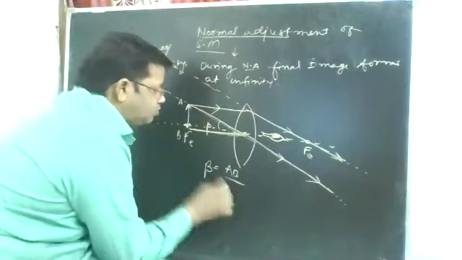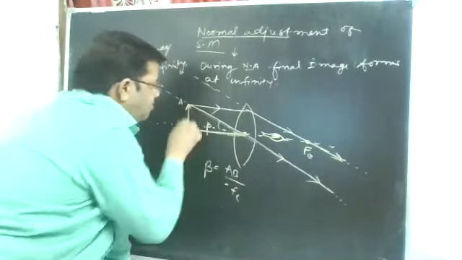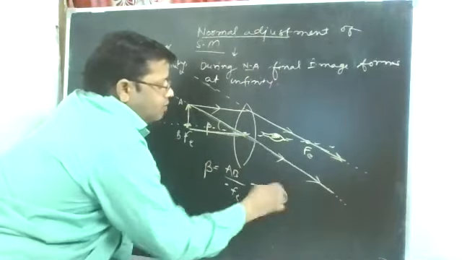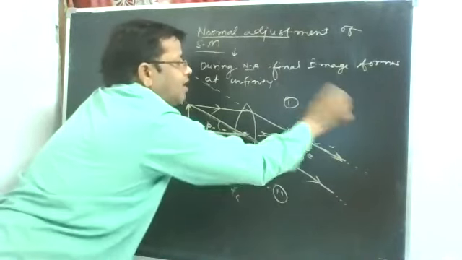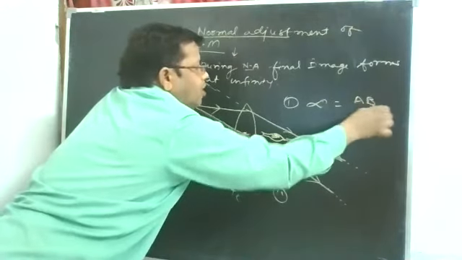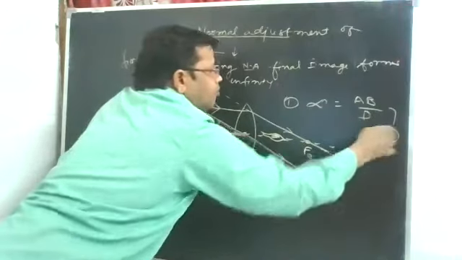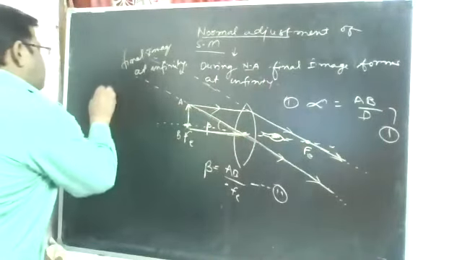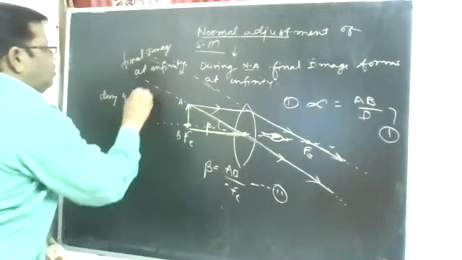So here the distance of the object is the focal point of the eyepiece, so beta is AB by f_e. This is the second equation. And what was our first equation? Angle of vision with the naked eye, known as alpha, is AB upon D. This was our first equation. We have already discussed it. Now, dividing equation 2 by 1.